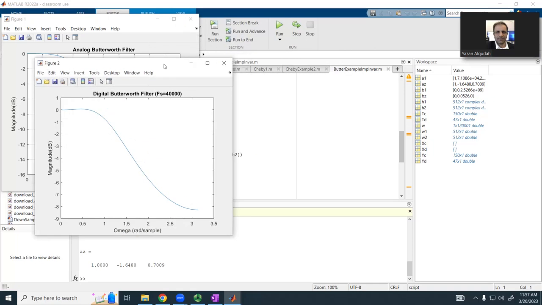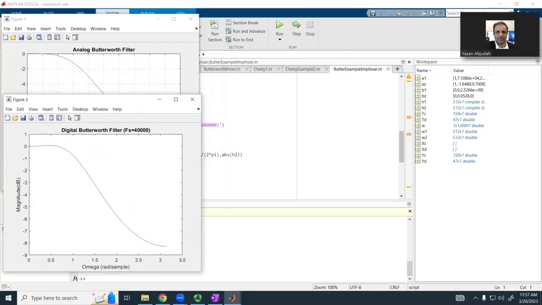This is our digital filter that we designed with a sampling frequency of 40,000.